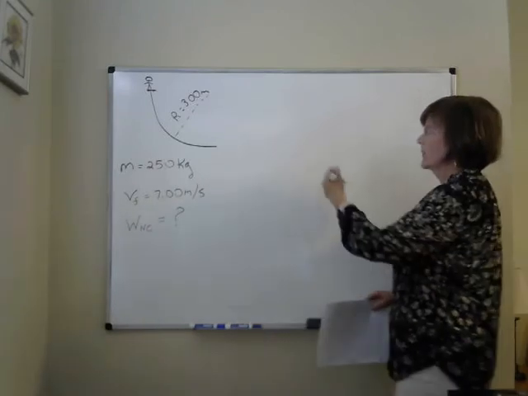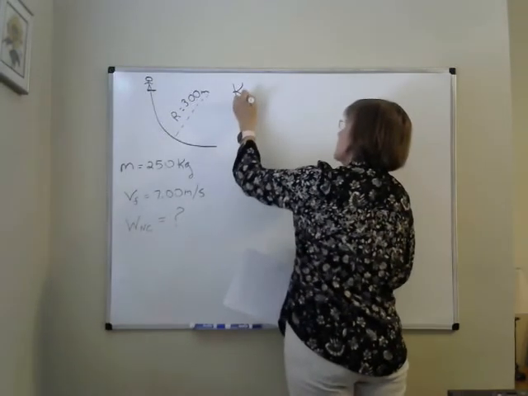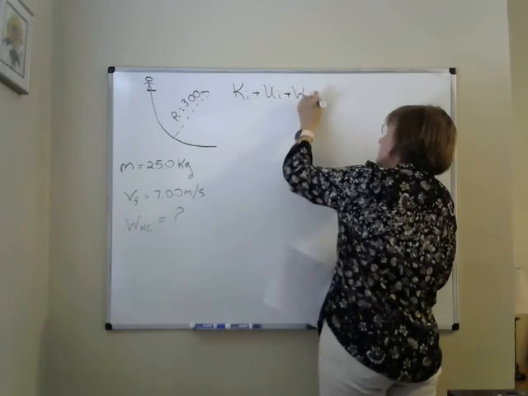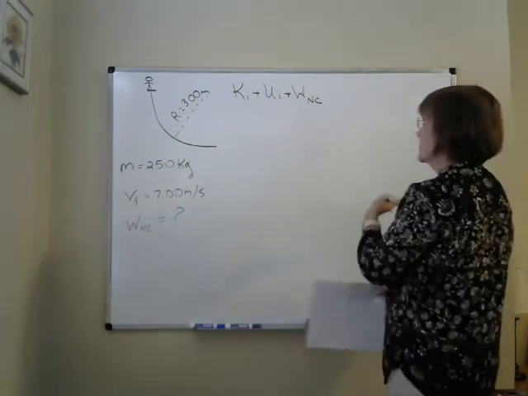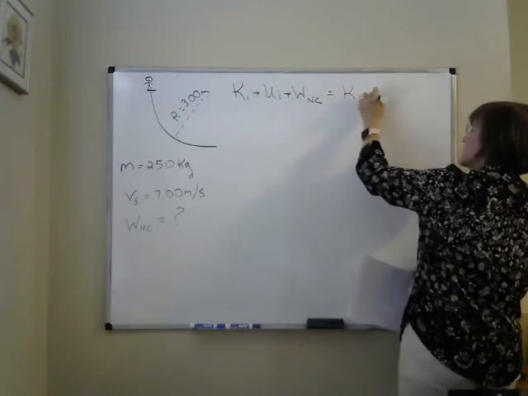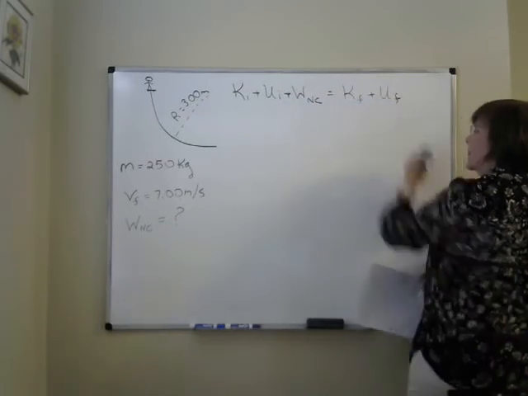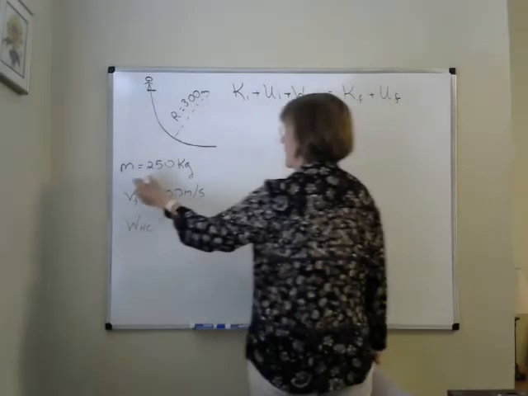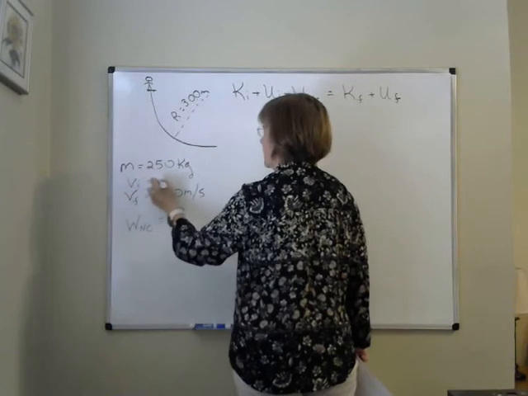So here we go. Initial plus this work from this non-conservative force has to equal final plus final. Initially, he starts at rest, so V initial is 0.